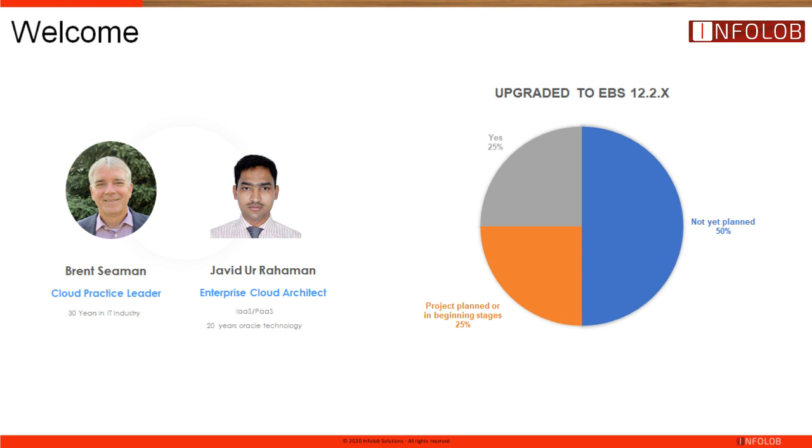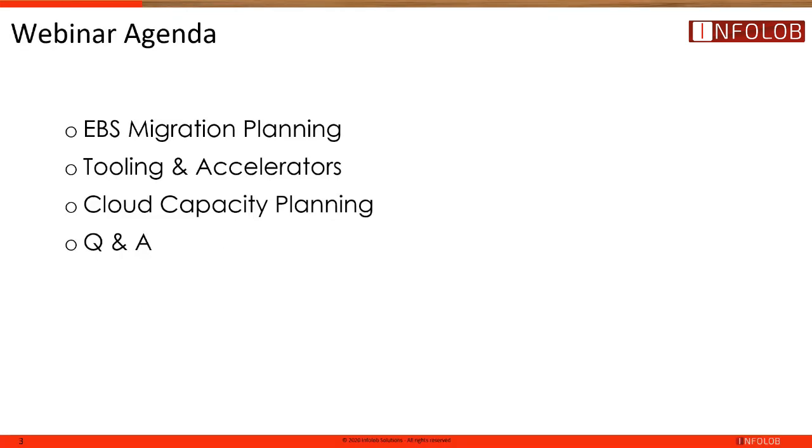We'll cover a little bit of that in this session. I'm glad everyone could join. We'll cover a little bit around migration planning, some tooling accelerators, and cloud capacity planning. I'll be taking you through that first section, and then Javid will bring it home with the other two.